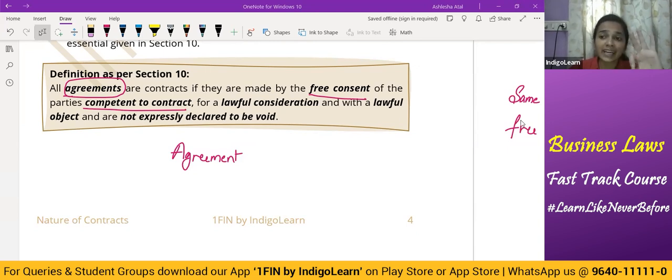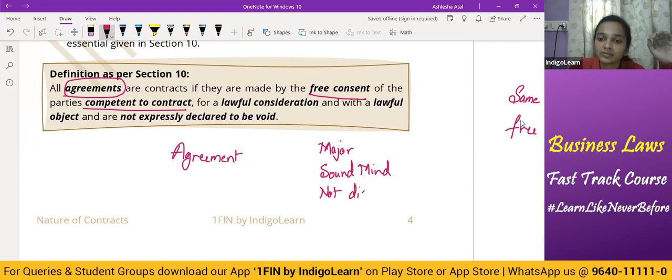So there are 3 conditions to be complied with in order to identify whether a person is competent to contract or not. One is that he should be a major, that is, he should not be a minor. He should be a person of sound mind, that is, he should be capable of understanding the terms of the contract and making a rational decision, and he should not be disqualified by law.